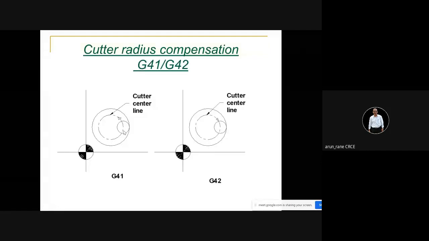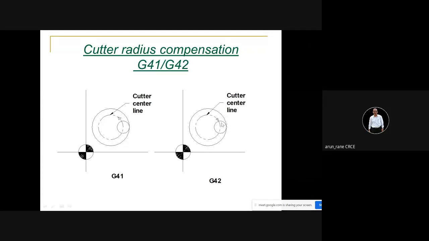And look at this here. This is a profile to be cut, again a circular hole to be cut. And you have to look into the direction of the cut. Or in a simple way, I'll say you swim along with the direction of the cutter. Now the cutter is going like this, so this is the profile to be cut.